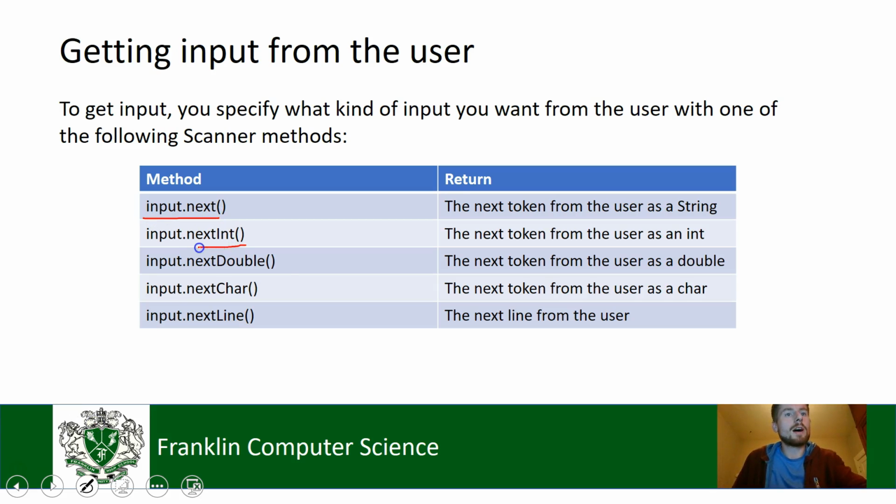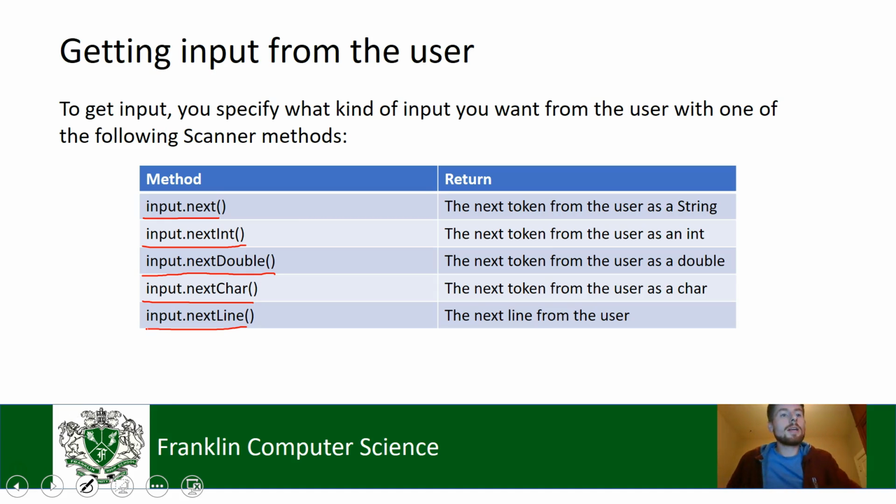So we've got input.next, input.nextInt, input.nextDouble, input.nextChar, input.nextLine. There's actually a lot of other things you can do with scanners too. This is just a subset of the things that you might find useful in this class.